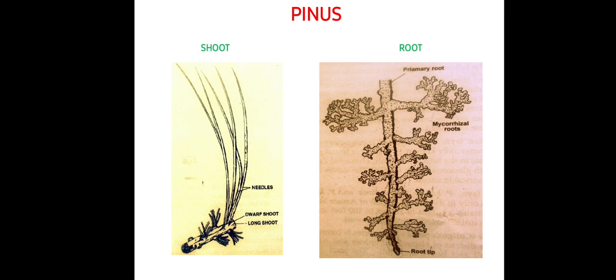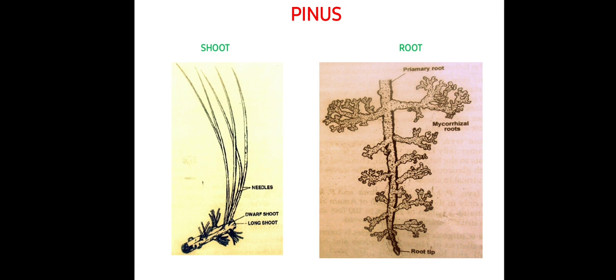The needles are long, linear, tough, green and triangular in cross section. The needles are persistent and they fall only when the spur is shed. That is why the Pinus tree is called evergreen.